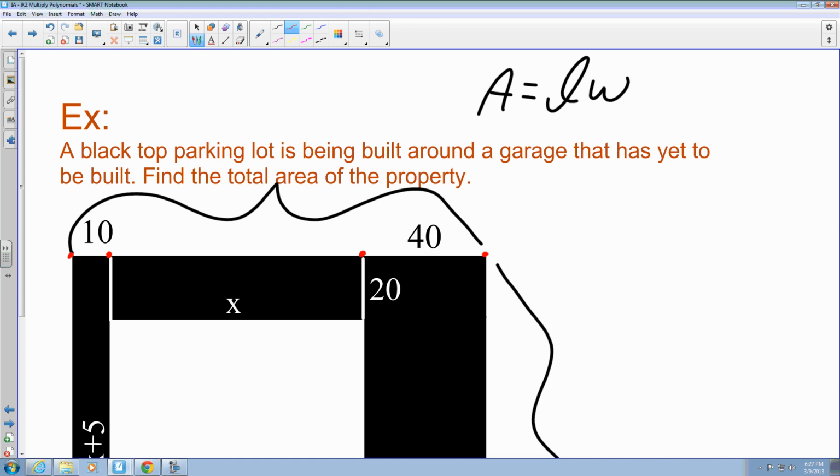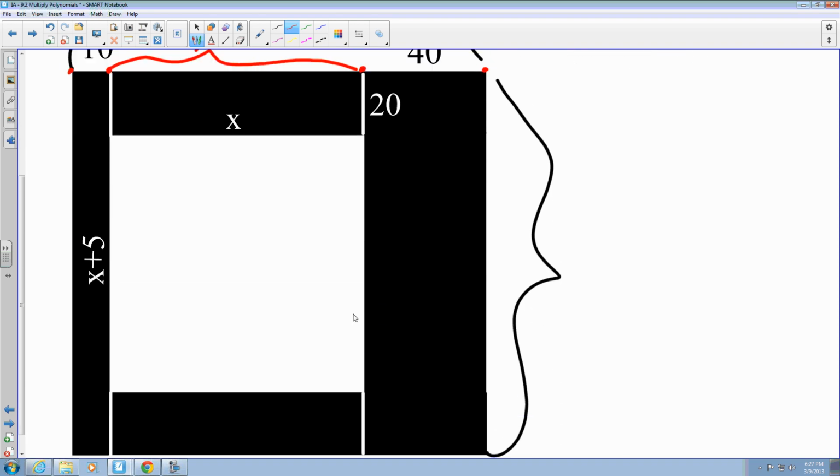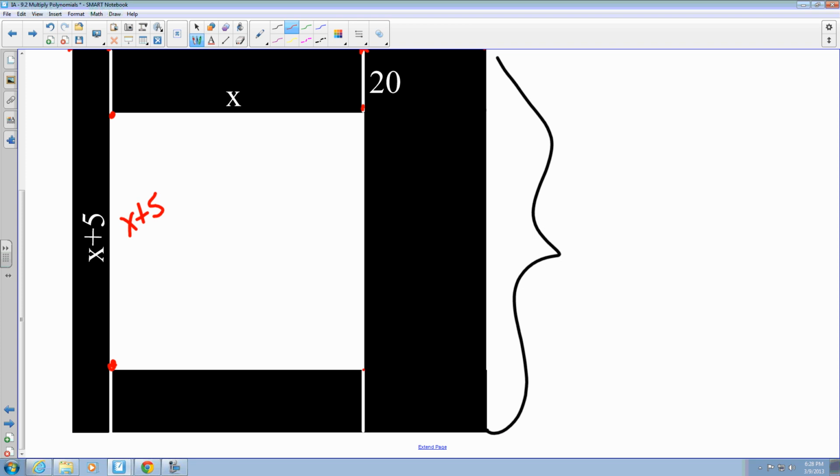And the distance from here to here is the value x, and we'll consider that the width. And then the length, the distance from here to here, is this x plus 5. And then we find out that the distance from here to here is 20, and also the distance from here to here is 20.